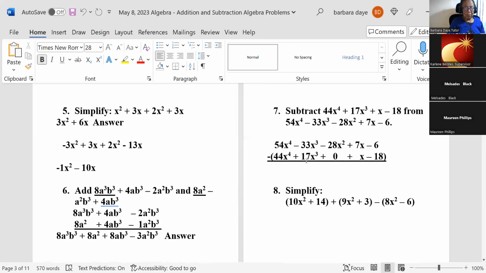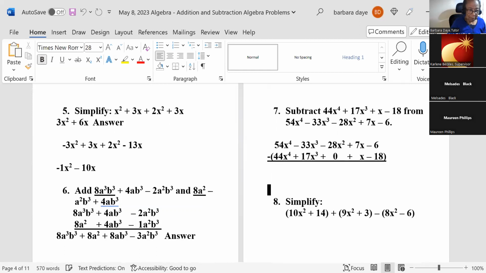Now notice the 44x to the fourth, 17x to the third did not have an x to the second, so I just put a 0 there. You see an x to the third, then an x. So I lined them up for you, and I want you to tell me your answer. That's a subtraction.